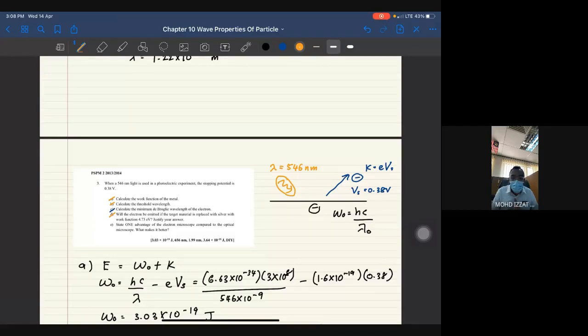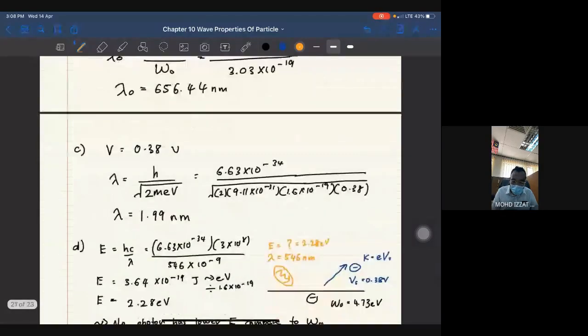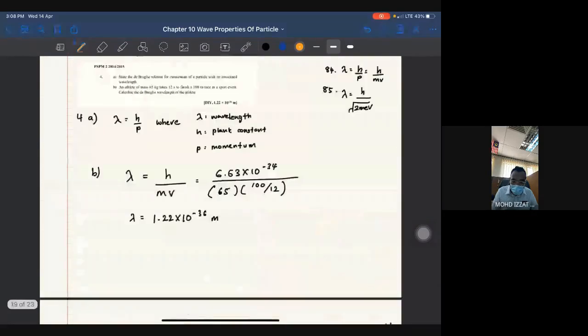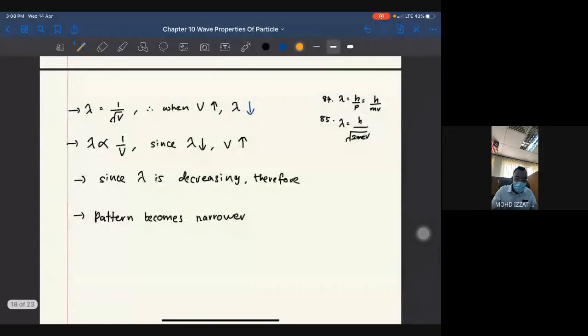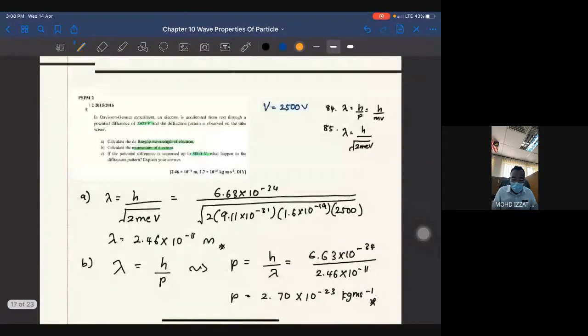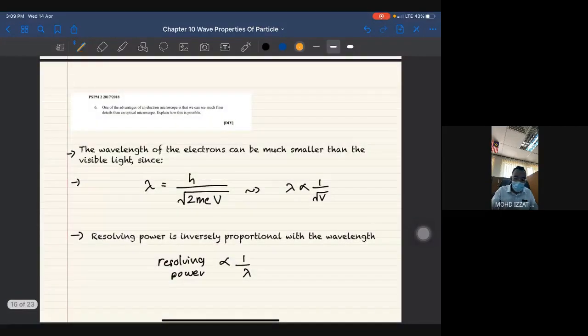The reason because you can control the lambda. Sama macam sebelum ni. Saya tak jawab lah, saya tak ulang lagi. Okay. Can refer to atas. Okay, you can refer to something similar to this lah. You can refer to this one.